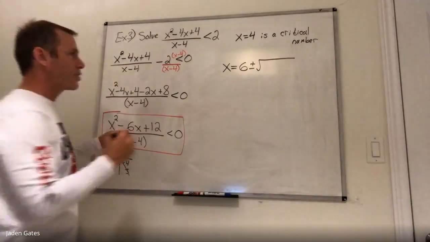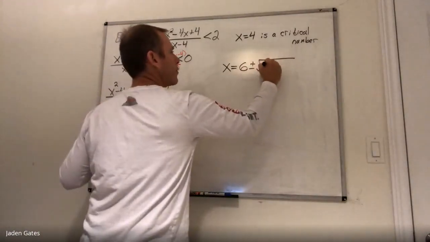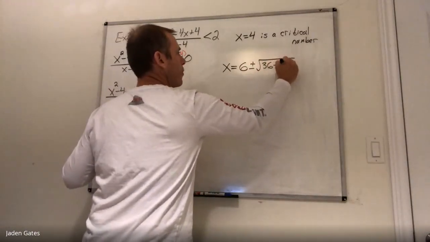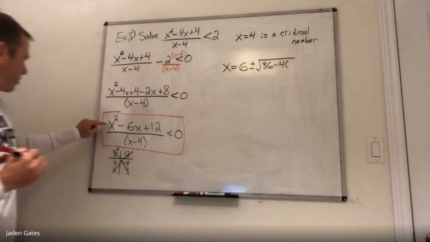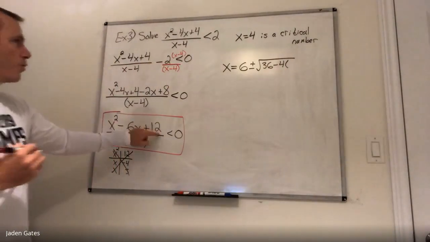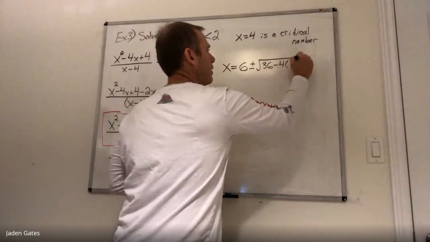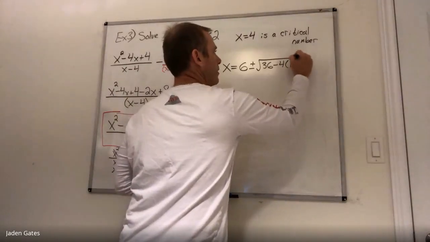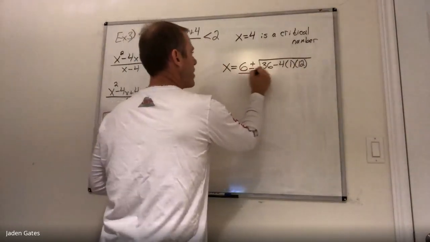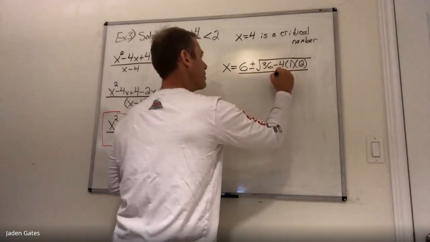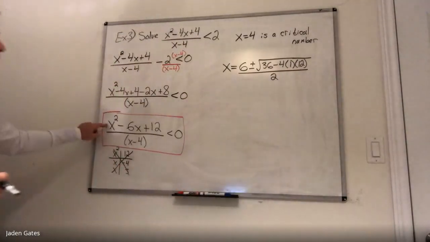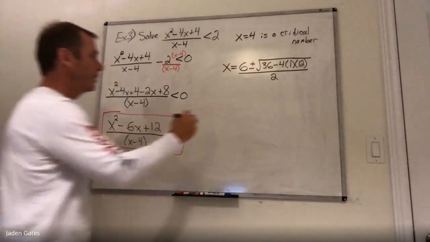So that's negative 6 squared, which would be 36, minus 4ac. Well, a is 1, c is 12. So I've got a 1 and a 12 there, divided by 2a, which is 2, because again, a is 1.